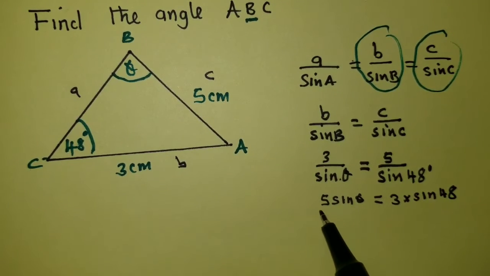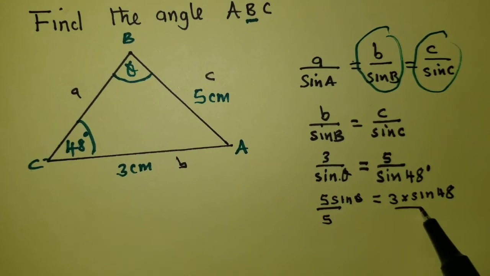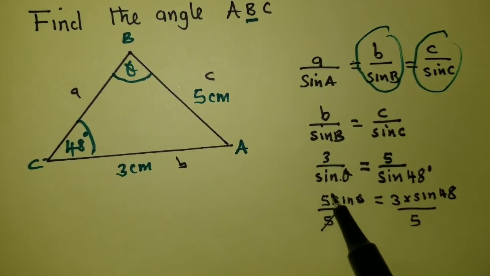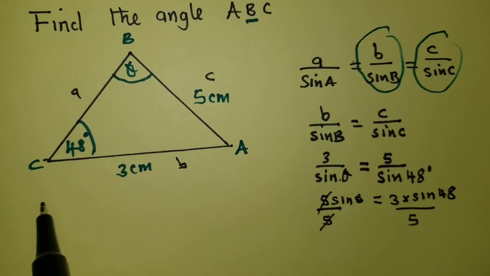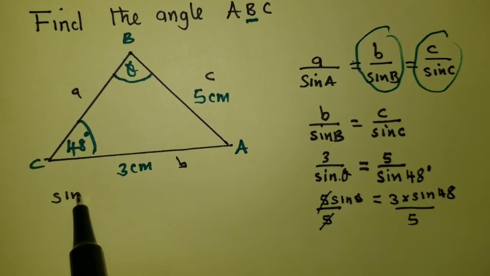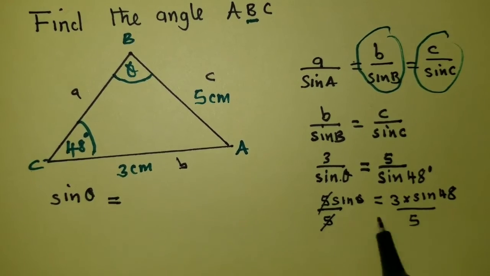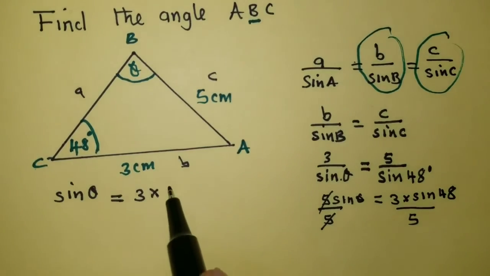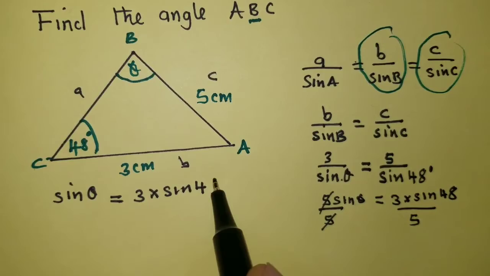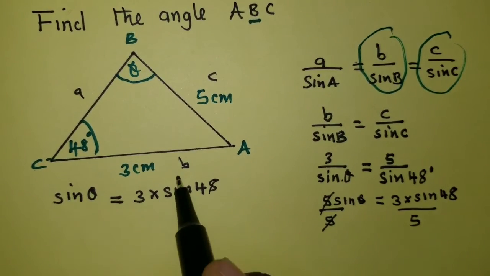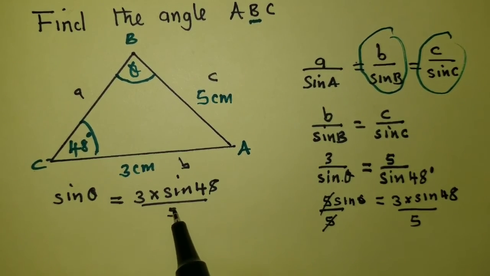So the next thing here will be to divide by 5 by 5. So here it will cancel. We shall remain with the sine theta, this one right here, equal to 3 times sine 48 over 5.